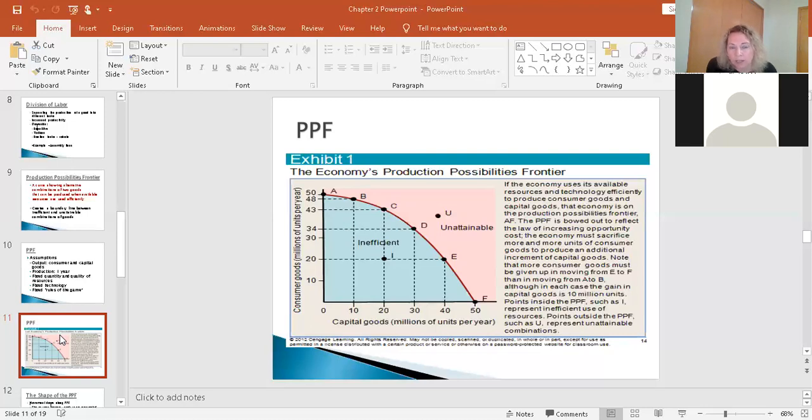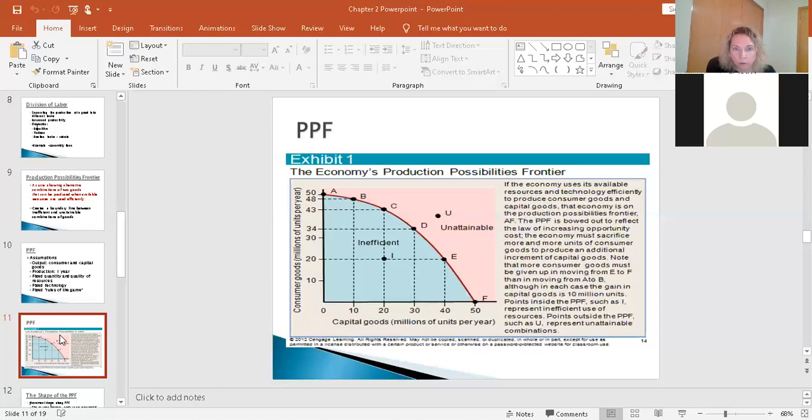Here in the US, are we inefficient with our resources? Do you think we produce below our PPF, or do you think we produce on our PPF? Below, absolutely below. What is the resource that we are underutilizing right now in this economy more than any other?